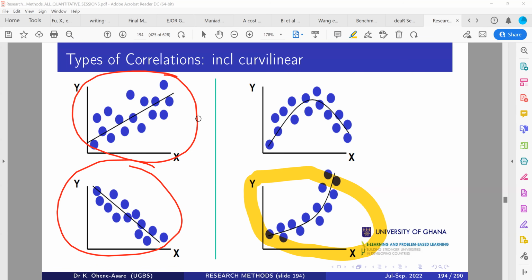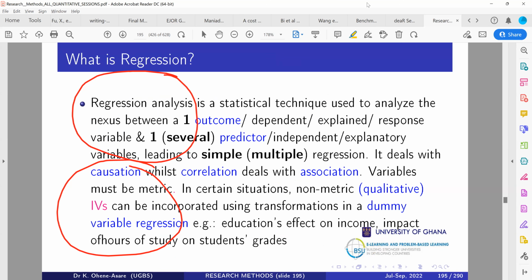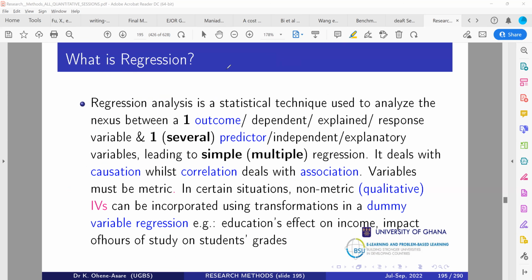And now let's go to regression. So what is regression? What's the difference between correlation and regression? I've already told you. The difference is that correlation deals with association, regression deals with causality. Now, in a regression, there are two kinds of variables that we tend to analyze, particularly in a simple regression.